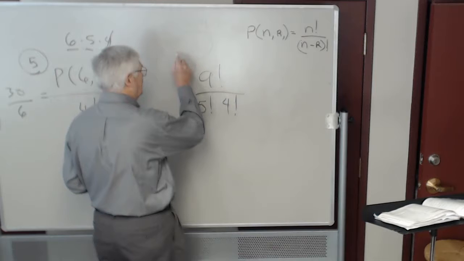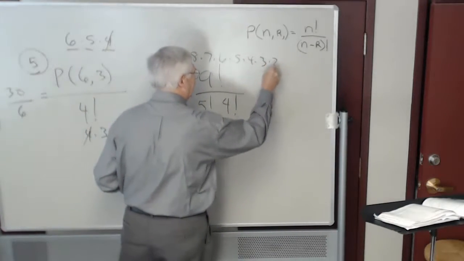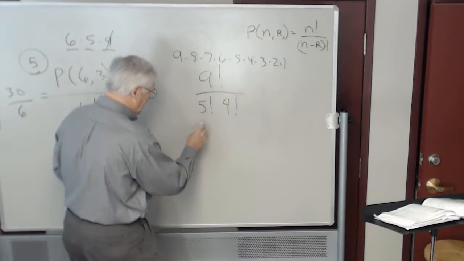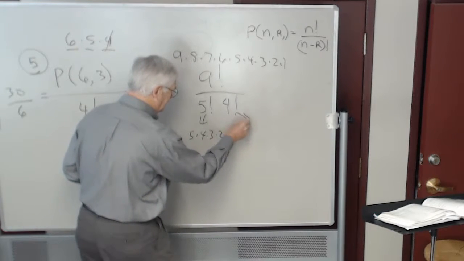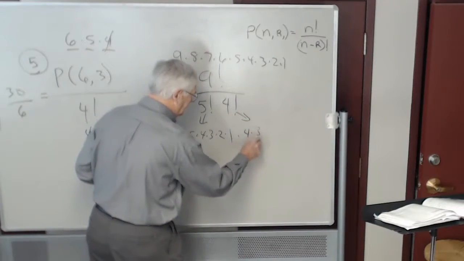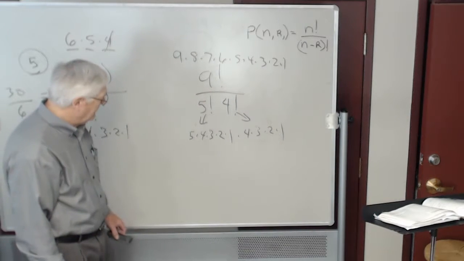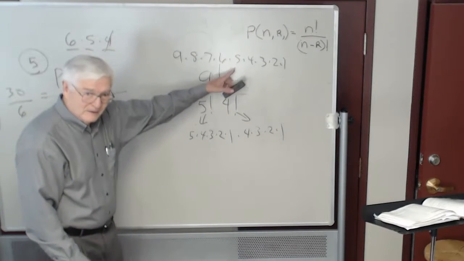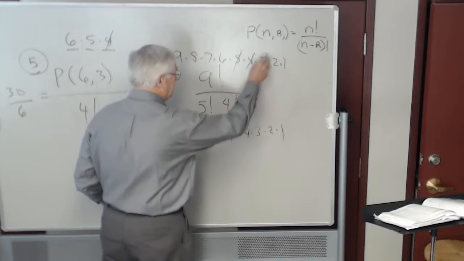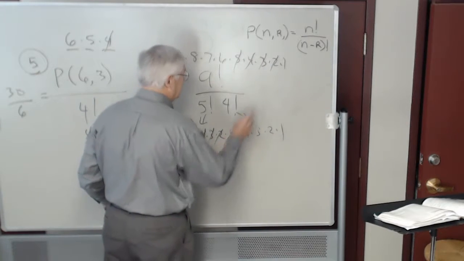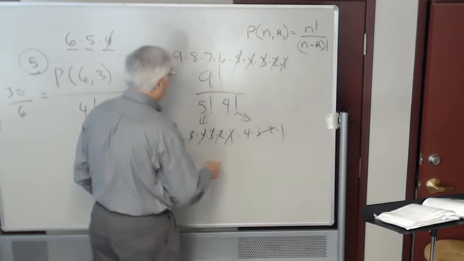So this would be 9 times 8 times 7 times 6 times 5 times 4 times 3 times 2 times 1. And this would be 5 times 4 times 3 times 2 times 1. And this would be 4 times 3 times 2 times 1. So can you cancel out the 5 with the 5 up there? Yeah, so I can go this and this, this and this, this and this, this and this, this and this, and then 2 and 3 make 6, right?